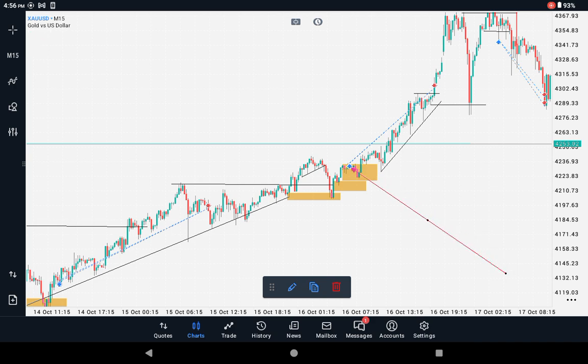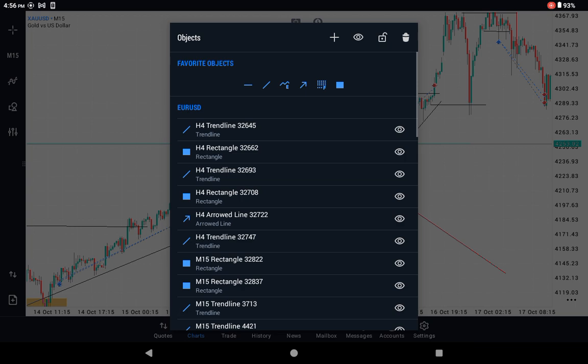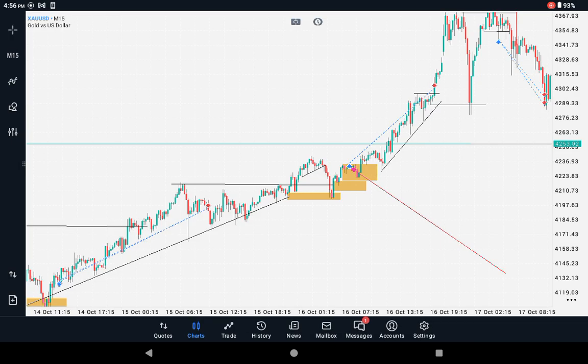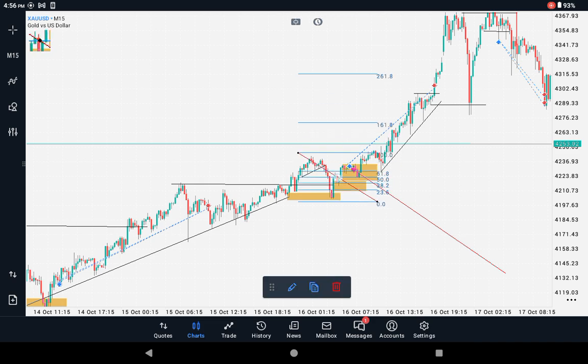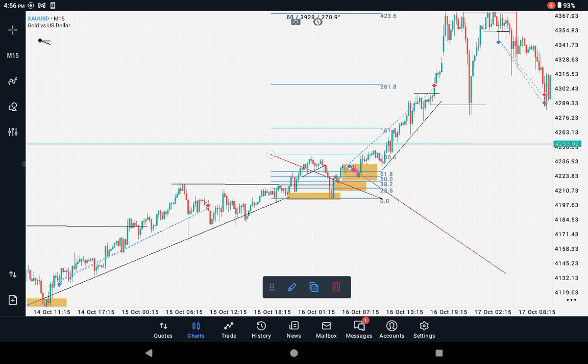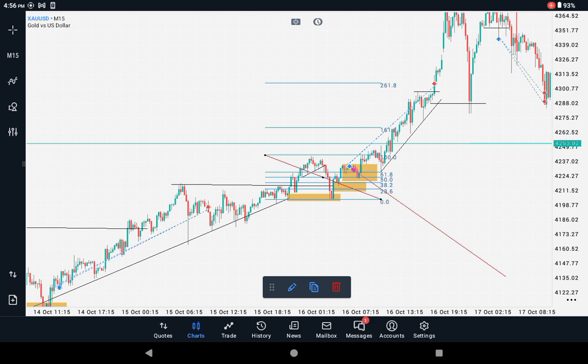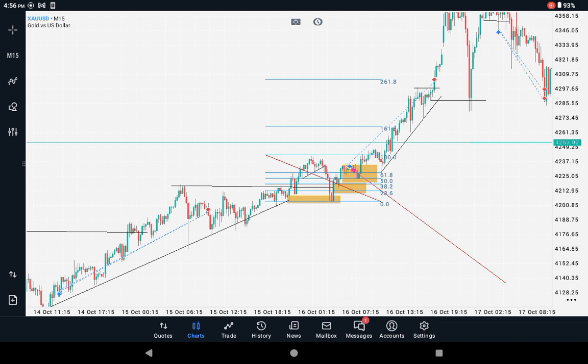Due to the fact that this range is small, I have to use my Fibonacci to take profit. So I use the Fibonacci from this low, the current new low where I'm taking my trade, to this high. I checked the 1618, and the profit target is not up to 1 to 2, so I checked this one, it's not worth my risk.